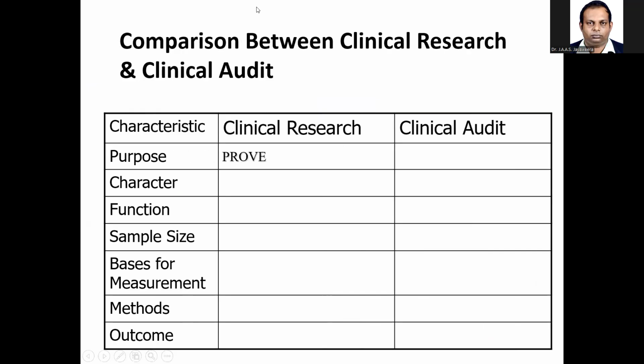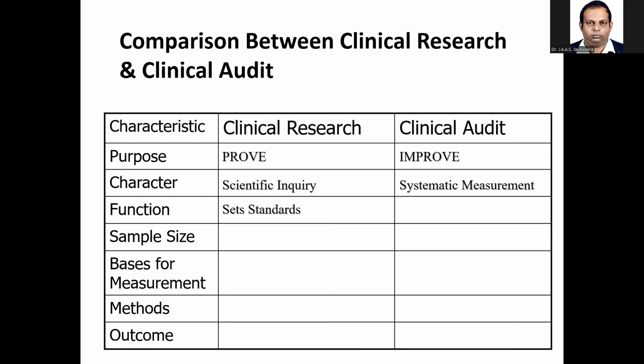So you can compare clinical research and clinical audit. Purpose: clinical research is adding knowledge to existing knowledge, so here it is proof of a hypothesis. I think you have started your research in medicine module, so you may have some idea. Clinical audit is actually for improvement. Here, scientific inquiry is systematic measurement.